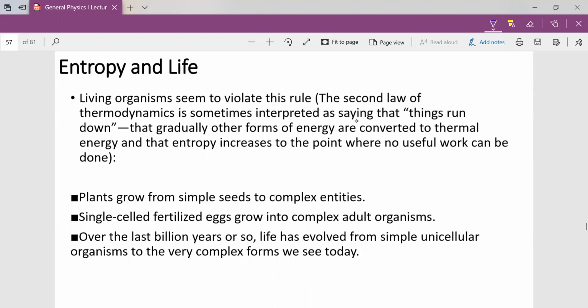Most people argued initially that living organisms tend to violate the rules of thermodynamics, especially the second law. They tend to say stuff like, if the second law is described primarily in street language as running down, that is losing. But when we look at life, we see that it appears like when you put in a little, it expands.